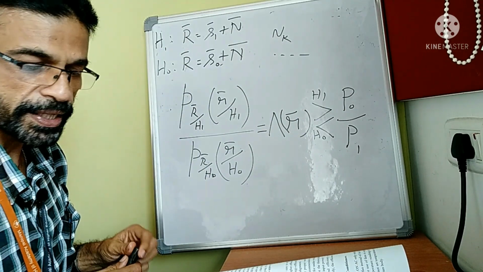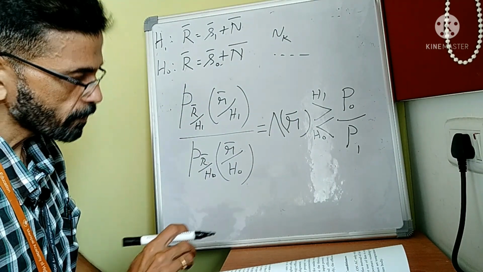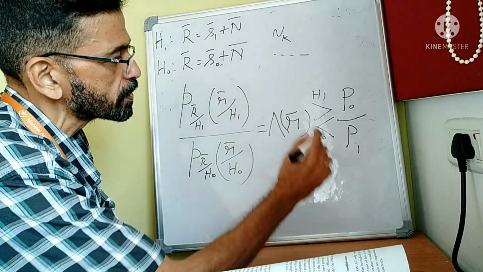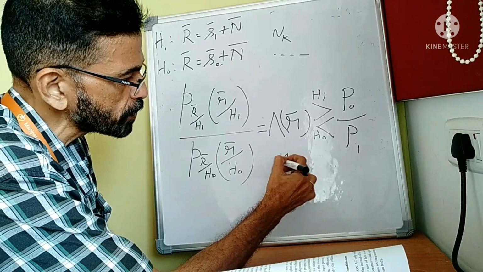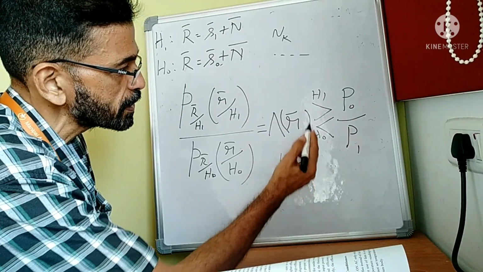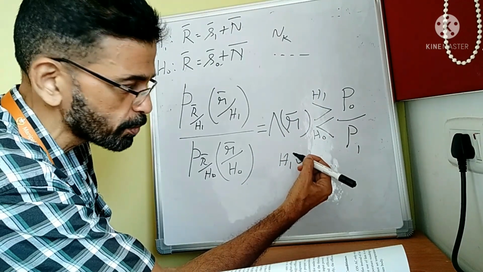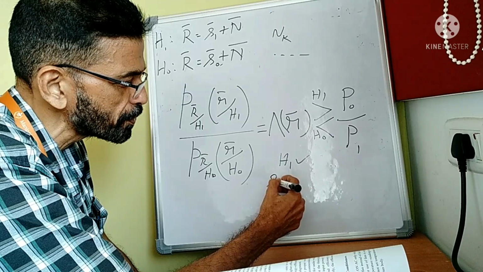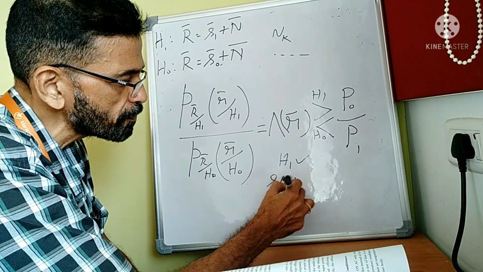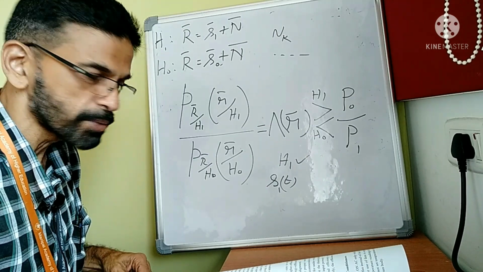It is noteworthy that when the receiver detects that H1 is the true hypothesis, and it does that when the likelihood ratio which it computes is more than this, effectively it is detecting that the signal output is S1 of t, because S1 of t is the output when H1 is the true hypothesis.